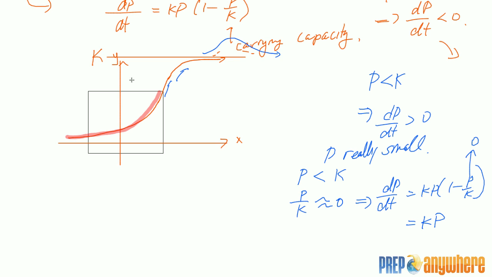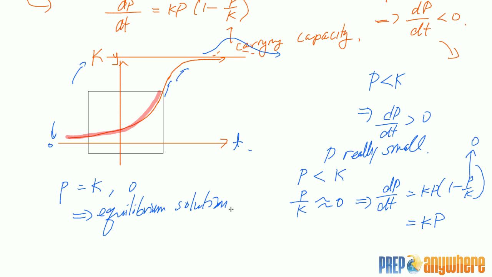And we call the y values, the population values of K and 0, and I should actually have the time axis here, right? We call when the population is K or 0 the equilibrium solution. We call that an equilibrium solution because if the population is 0, it will want to stay at 0, because if there's no population, there's no growth.